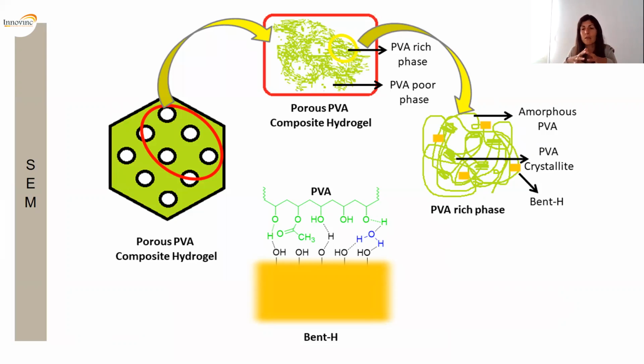The materials that we have employed here that could most interact through hydrogen bonding with the PVA are the magnetic nanoparticles and the acid-treated bentonite. And in both cases, we saw that they offer well-defined pores and a more well-distributed pore morphology. So this is our hypothesis.